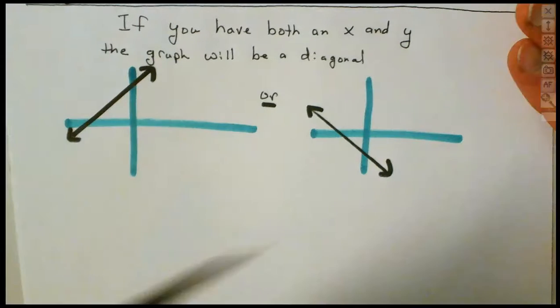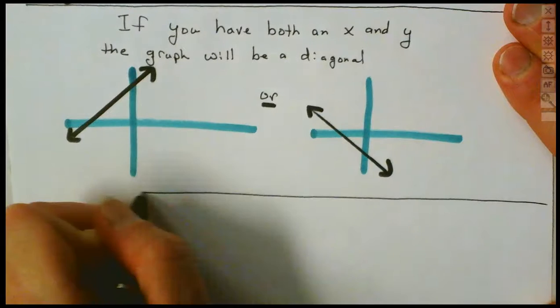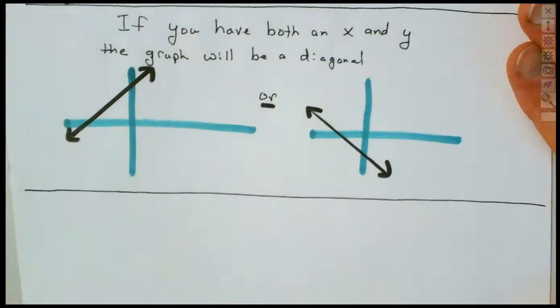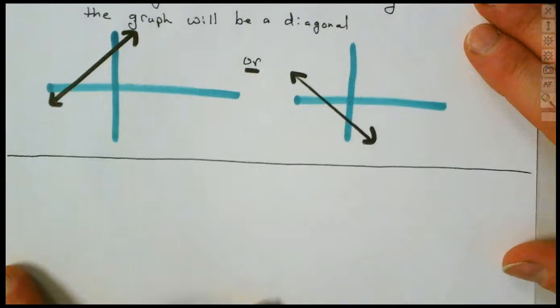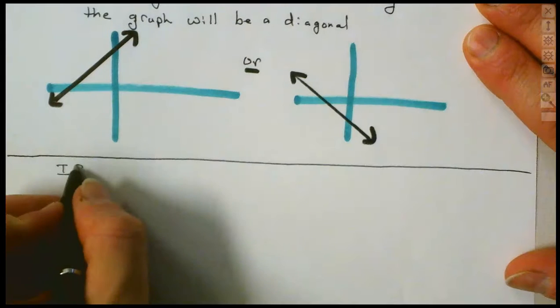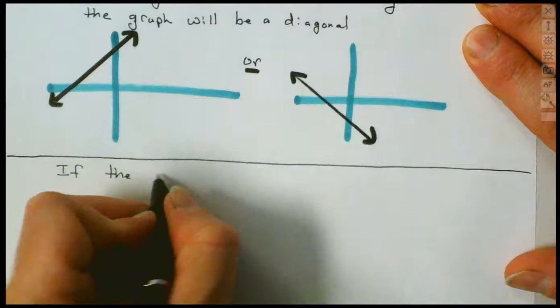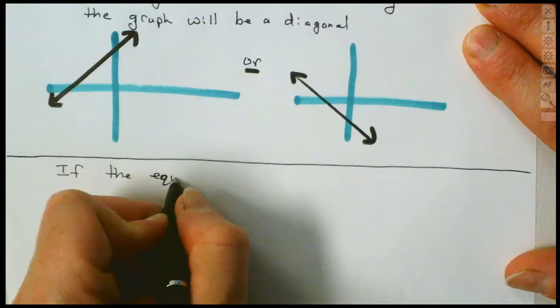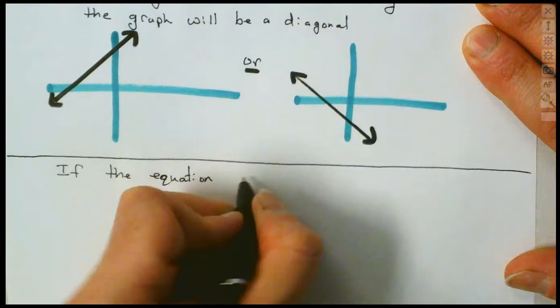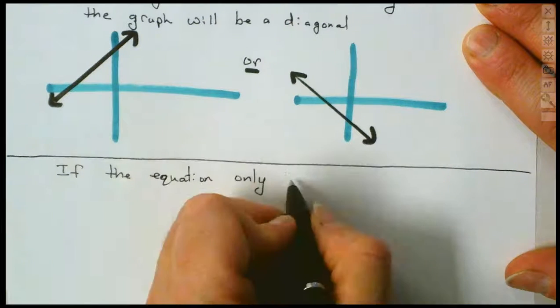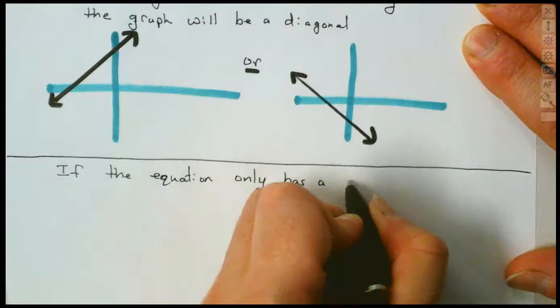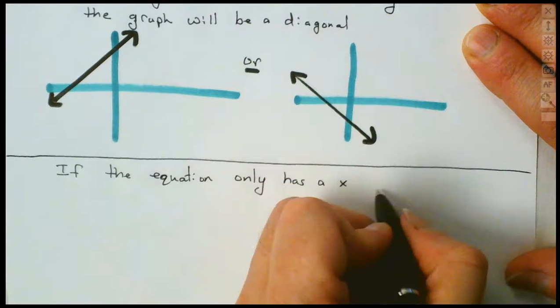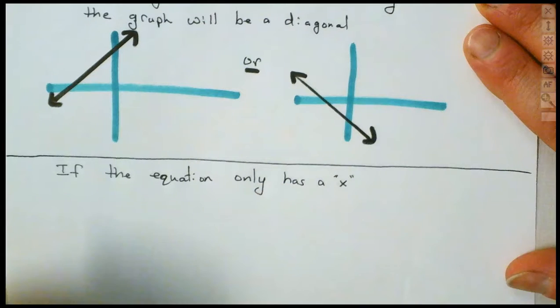If you only have an x, then you will have a vertical line. So if the equation only has an x, it'll be a vertical line.